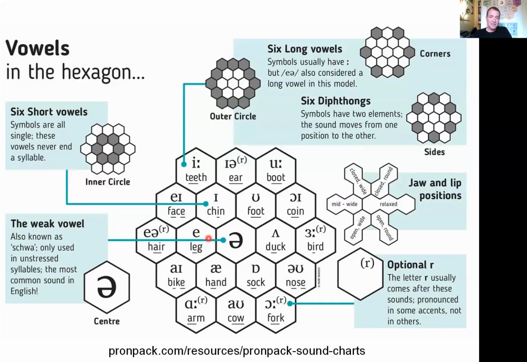And interestingly, these ones on the inner circle don't occur at the end of a word. They need to be checked. They need a consonant after them to shorten them, to keep them short. So if you're going to demonstrate these alone, not in a word, you have to stop them like this.